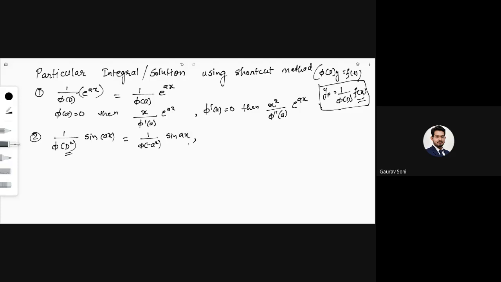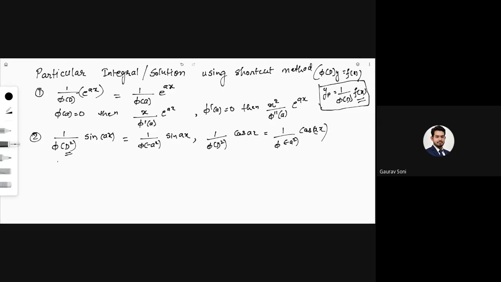The same thing for cos, 1 upon phi of D square, cos of ax. That will turn out to be 1 upon phi of minus a square, cos of ax. We have seen how we convert each and every term in a polynomial in terms of D square, and at the end whatever D is surviving we rationalize it.